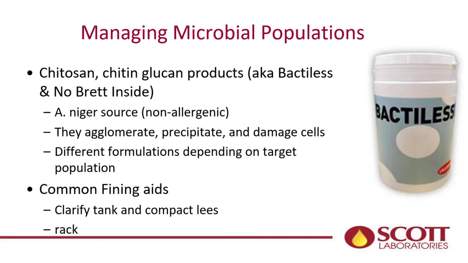So you can also use common finding aids, something like a gelatin or an isinglass or a hot mix Sparkolloid, a silica gel, and I'll talk about it a little bit more in the next slide. But you're essentially trying to clarify the tank and get all those organisms, whether it's yeast or bacteria, whatever, settled to the bottom of the tank, and then you either rack or you filter off.